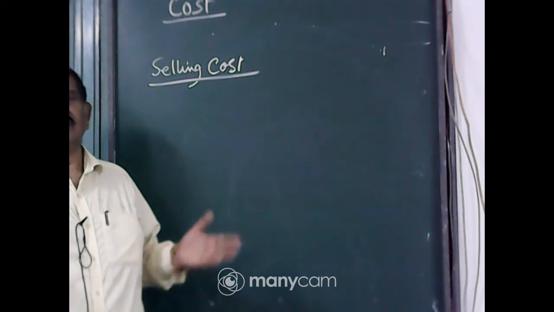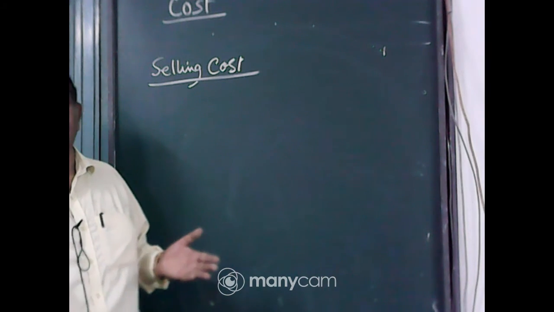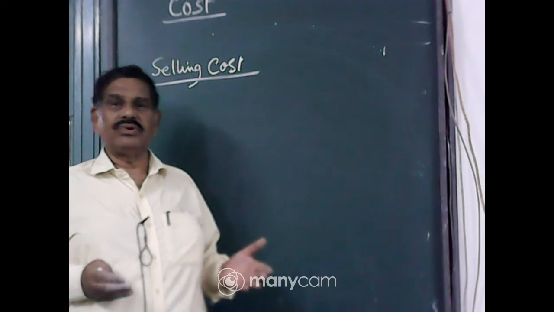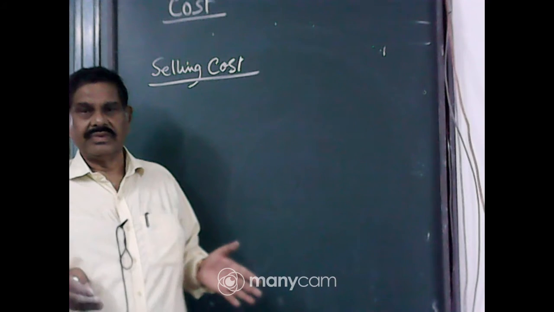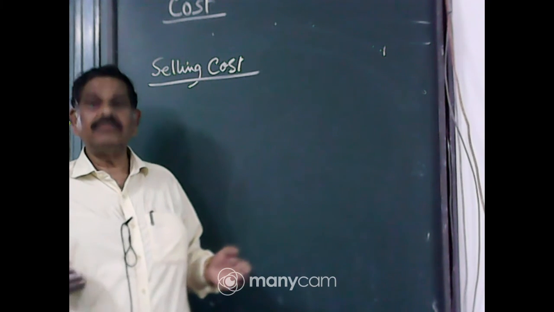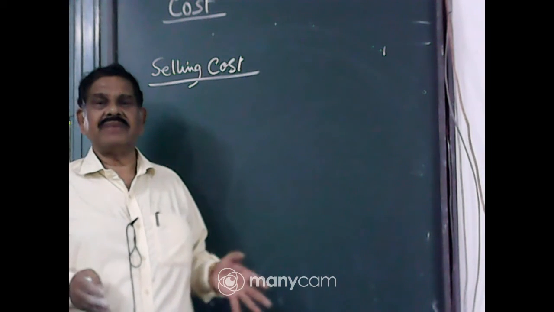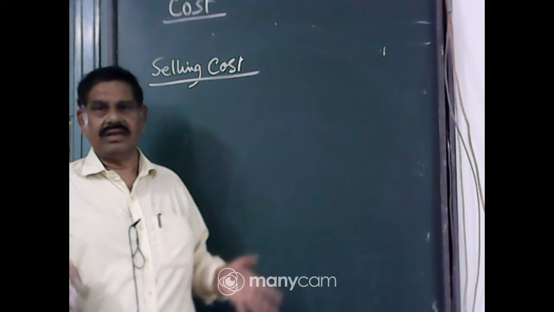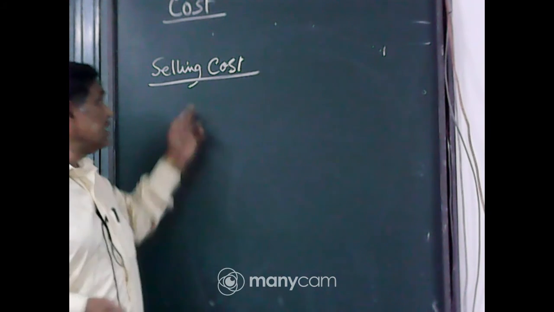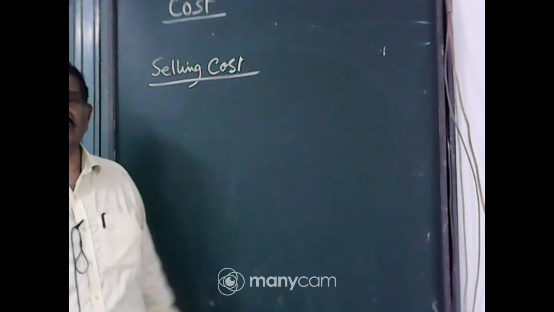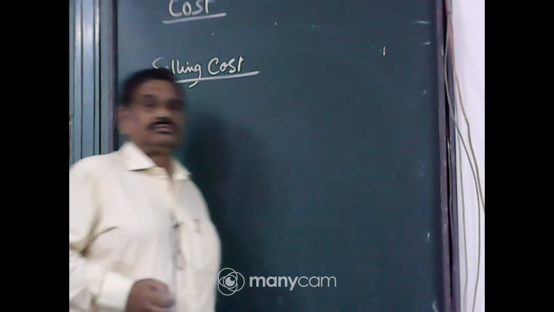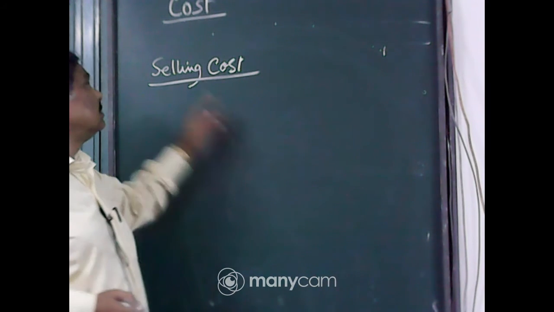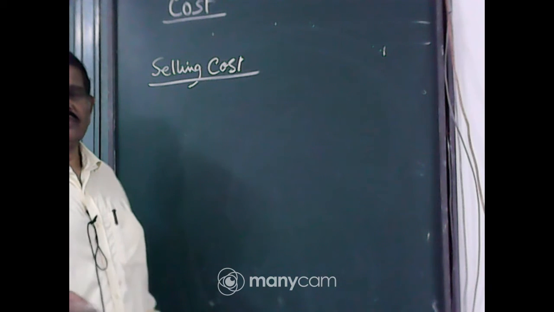And you know, when a new product is marketed, the price of the commodity is kept low in order to attract the buyers, so that the buyers may purchase it considering the lower price. Therefore, selling cost is very important in the field of production and cost. This is one of the costs.